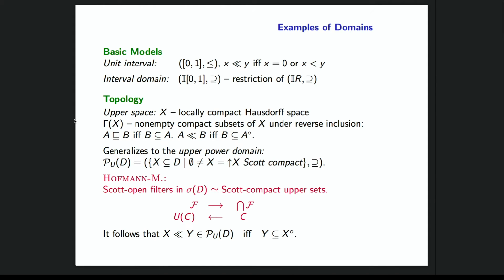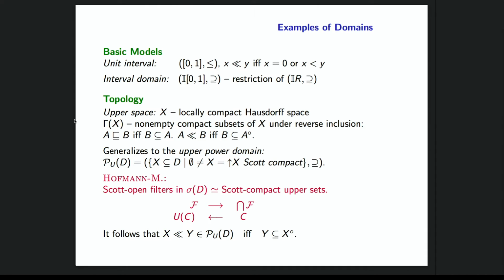We can take the interval domain. Instead of taking all of the real line under reverse containment, I can simply restrict that to the intervals within the unit interval, and I get the same ideas. You can actually do this kind of an example in topological spaces.